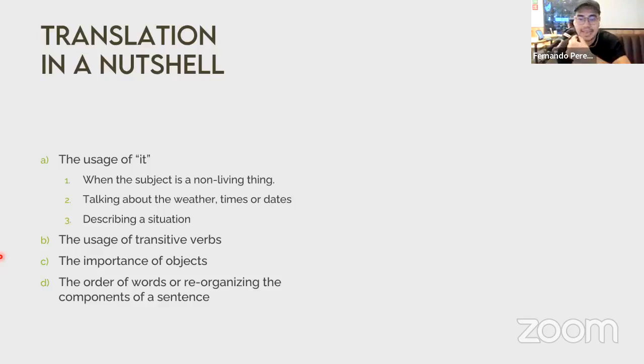When the object is a non-living thing, like this one, then we are talking about words like "it is amazing." The movie is amazing. It was amazing, right? The movie was amazing. Replace the movie.